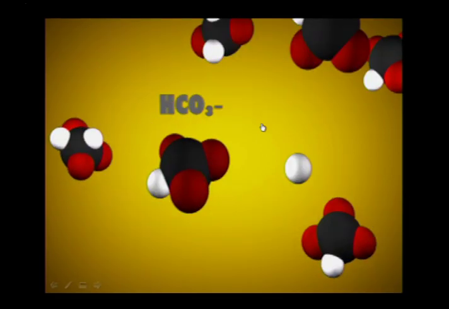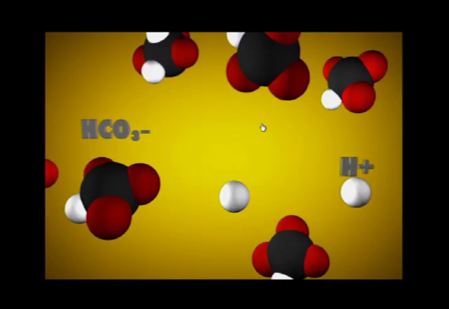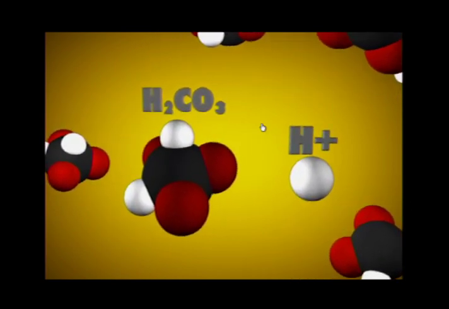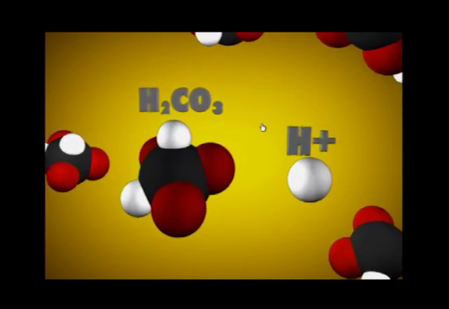If you add an acid, you have a certain number of hydrogen ions in the solution. If you introduce another hydrogen ion, it will drive hydrogen ions into the bicarbonates, reforming carbonic acid. So again, we started with one hydrogen ion, we end up with one hydrogen ion in each situation. So what the buffer is doing is not changing the pH of the solution, it's maintaining the pH of the solution as long as there's enough buffer to do that.